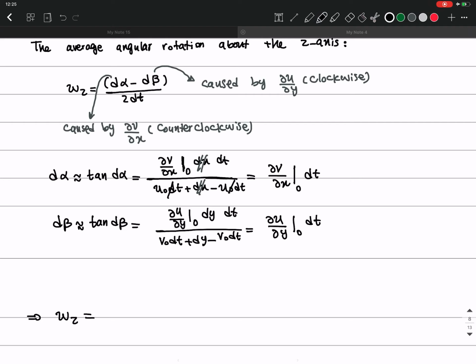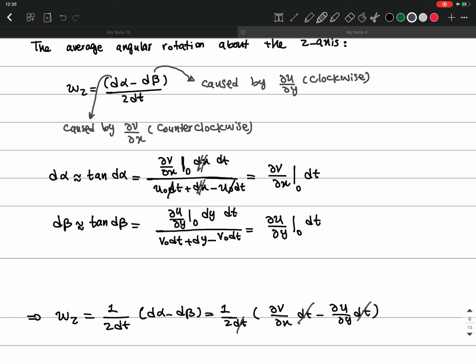We define it as 1/2 1 over dt (dα minus dβ), which is 1/2 (1 over dt)(partial v over partial x dt minus partial u over partial y dt). These dt's cancel out, so we get 1/2 (partial v over partial x minus partial u over partial y).